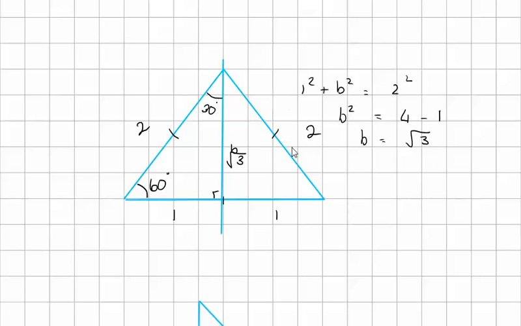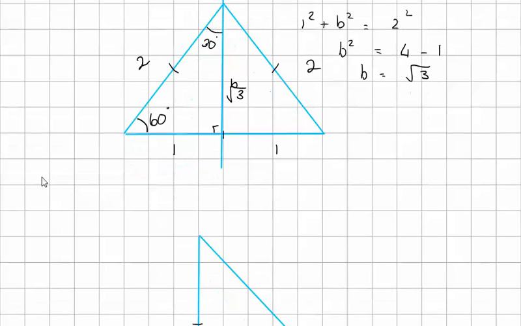Now, here comes the trick. Sine, cosine, tangent. Well, we're going to use what we've done before, SOHCAHTOA. Because I know with SOHCAHTOA that sine of an angle is opposite over hypotenuse.